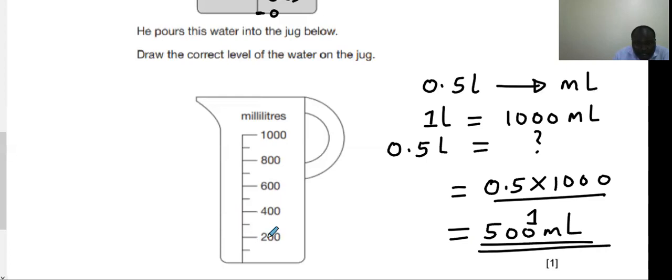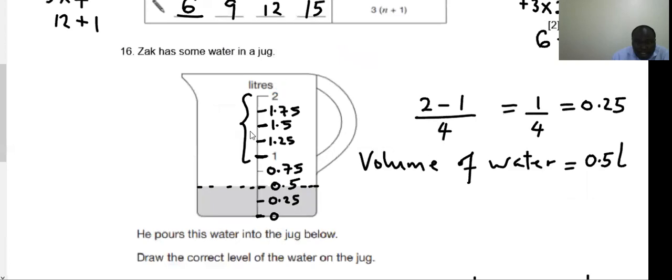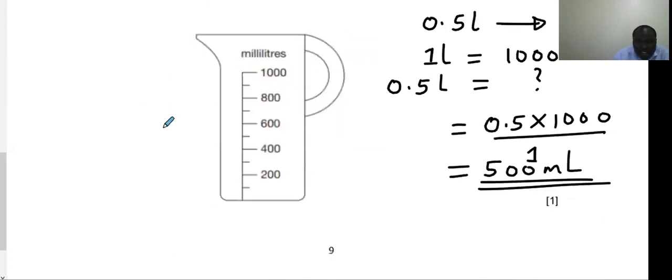So this is 200. It's very easy to figure out, different from this. This was a little bit hard. So this is easy. So if this is 200, this will be for sure 300. So 400 is here. So this will be equal to your 500 milliliters.